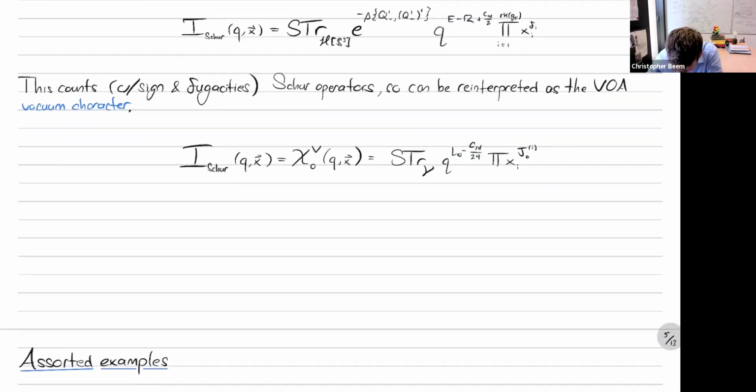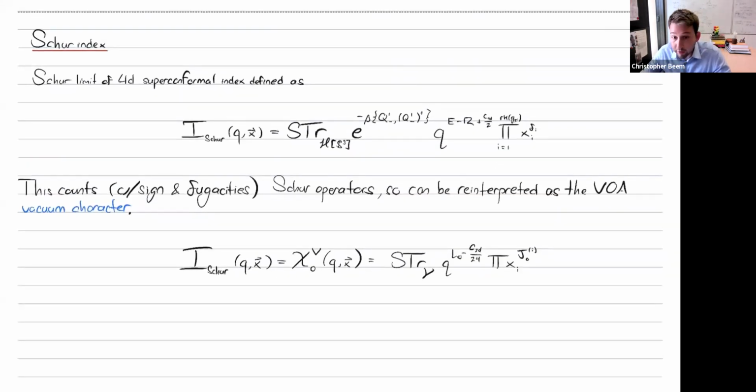And finally, I should mention, although this won't play a role in the rest of these lectures, that in four-dimensional SCFTs, there's a very popular thing to compute, which is the superconformal index. Oftentimes, this is under pretty good control, even in theories that we don't have very convenient descriptions of otherwise, due to hard work by many people.